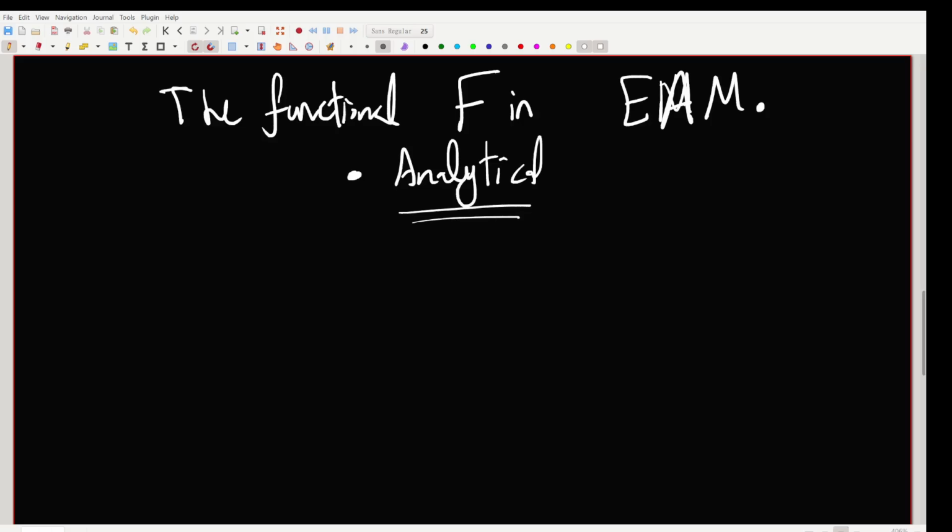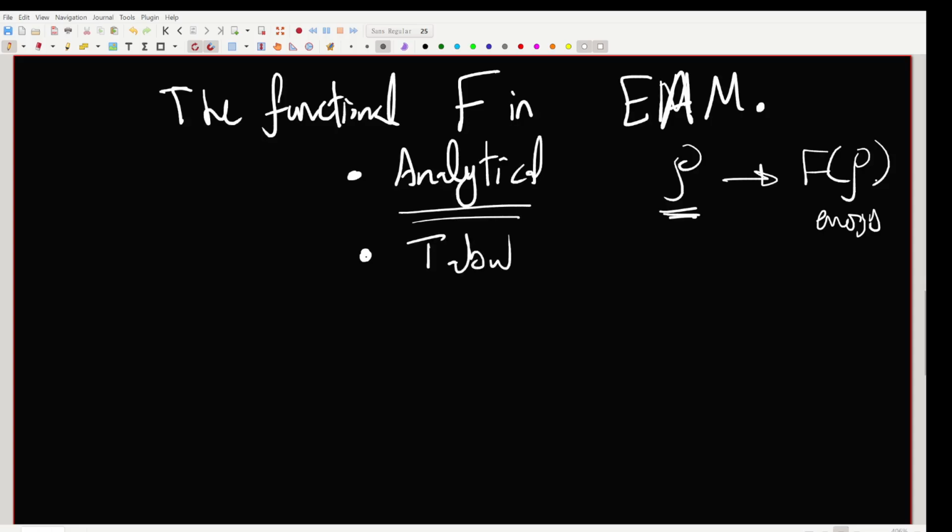So there are some analytical formulas for equations where you plug in rho and you get the corresponding F of rho, which is eventually just an energy. It's an energy thing at the end, right? And for some embedded atom potentials, it's not analytical, it's actually a tabulated function. Whether it's analytical or tabulated, it generally has this behavior.